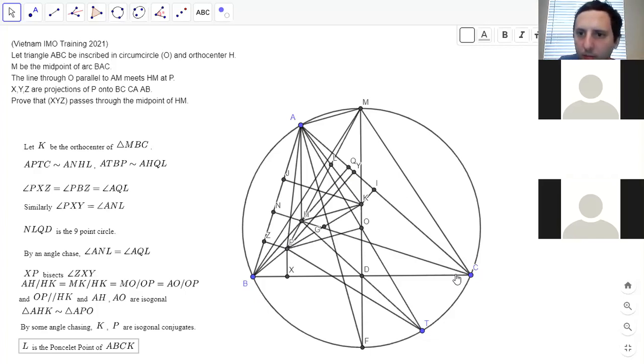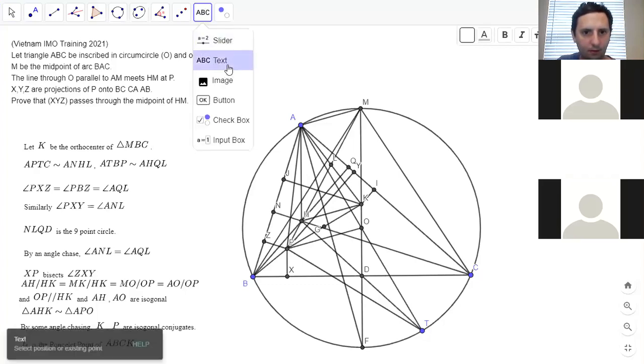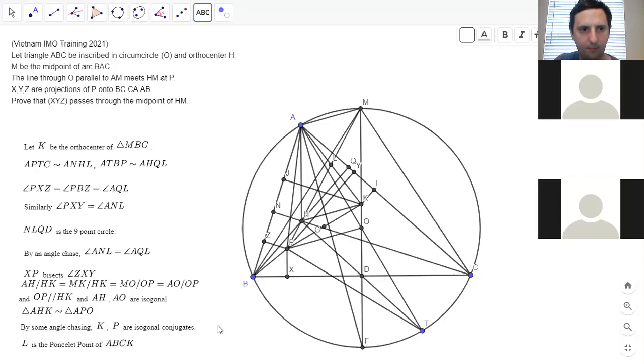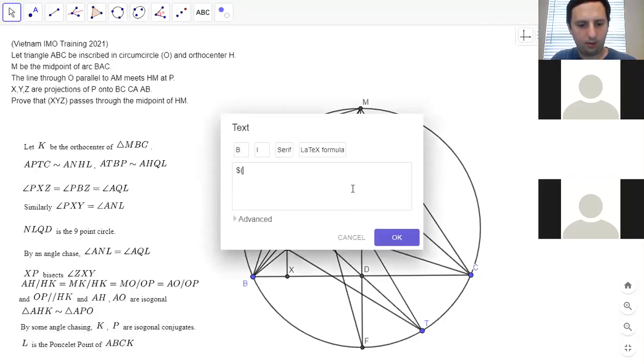So for ABCD, it is the midpoint of the segment connecting them. Yeah. I'm just going to leave this like this for now. So XYZ passes through the midpoint L of HM.